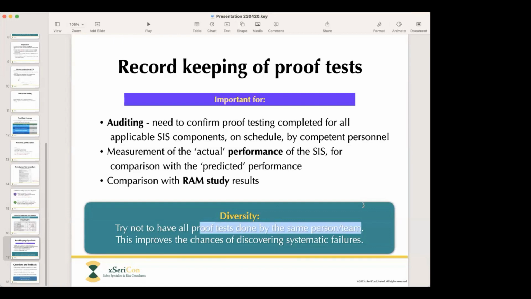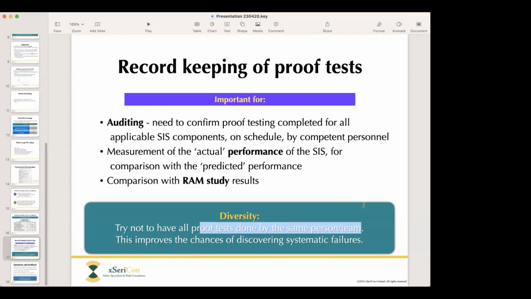Maybe they are cutting corners. Maybe they are actually just filling in the checklist to say that they've done the test, but they're not actually really doing it. Or they're skipping some important points. And that might go on for years and not be discovered if you don't have any diversity in your team.